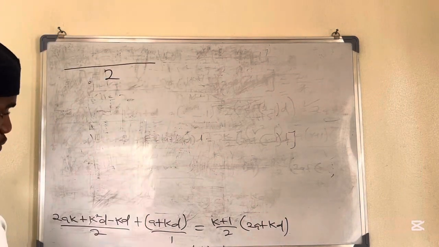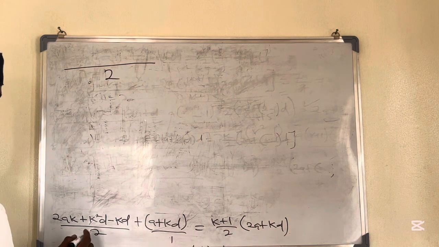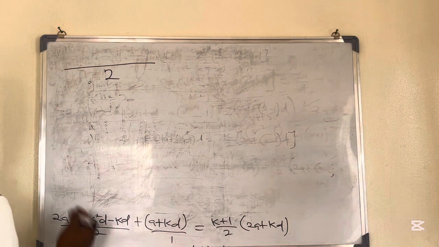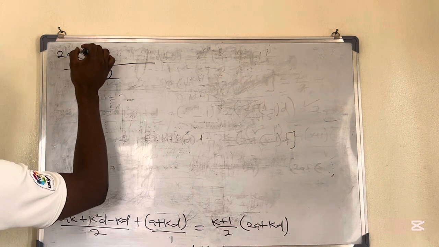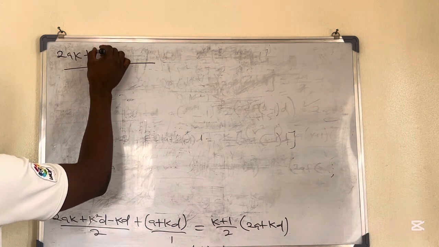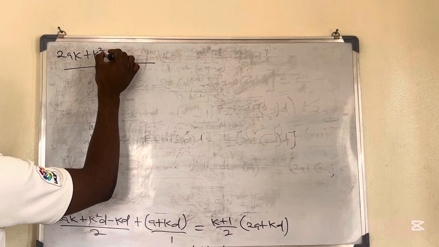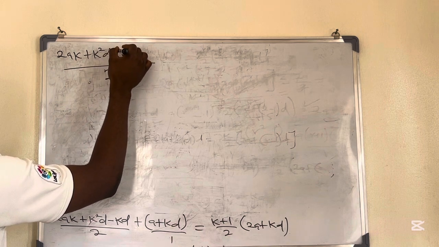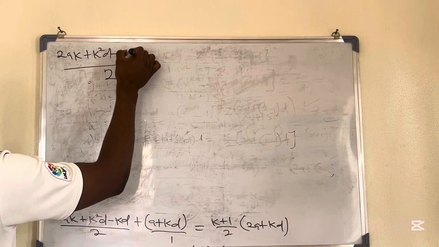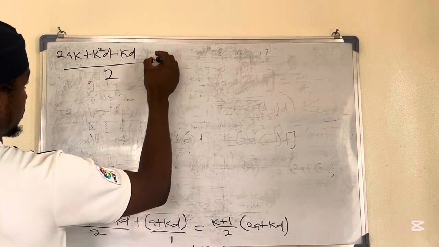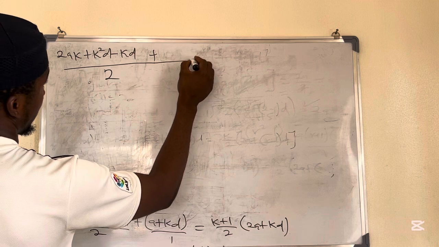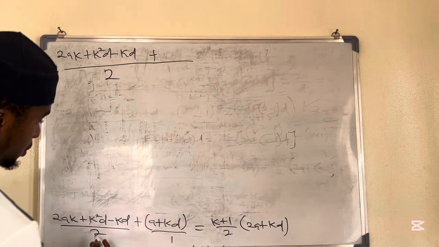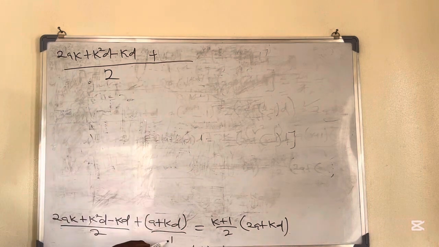So our LCM is 2 and 1 is 2, so 2 divided by 2, 1, so we have 2ak plus k squared d minus kd, which is plus, remember, plus our LCM, then 2 divided by 1.